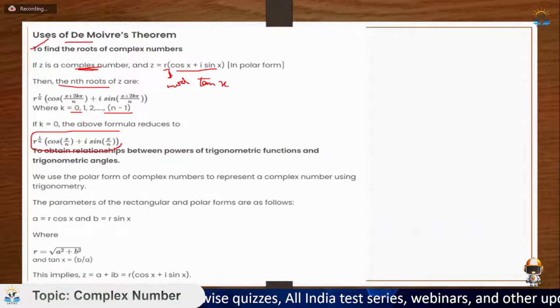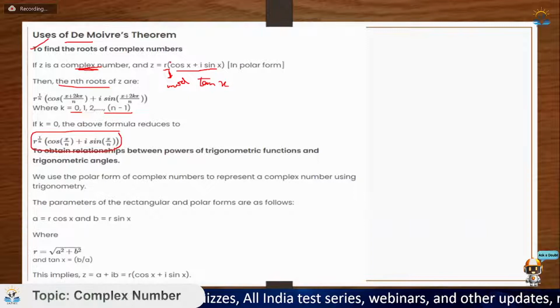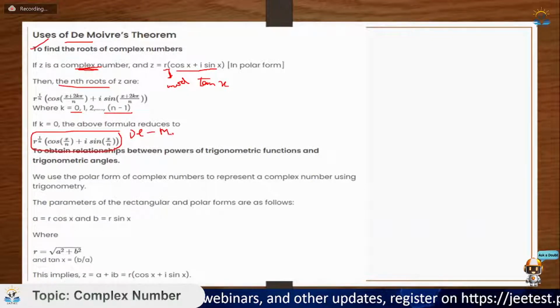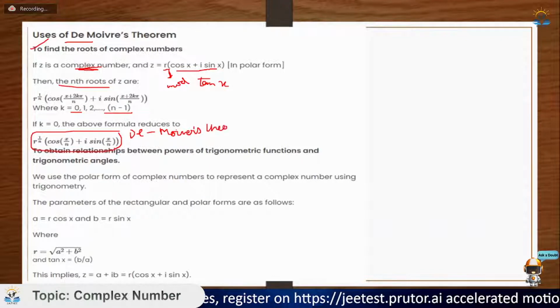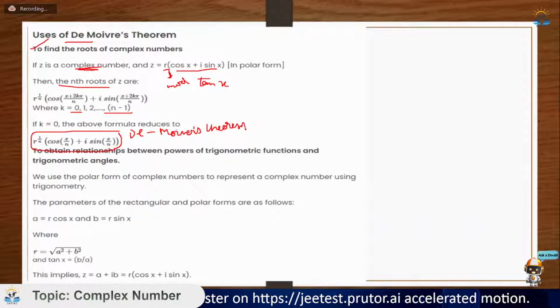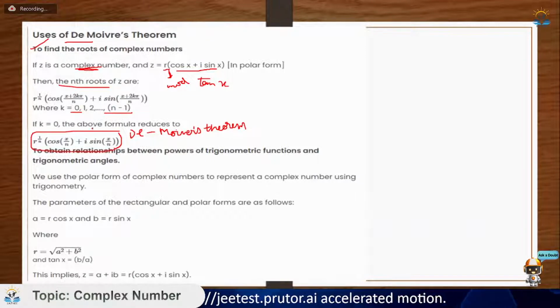If k is equal to 0, then we will simply get r power 1 by n into cos of x by n plus iota sin x by n, by applying De Moivre's theorem. Okay.